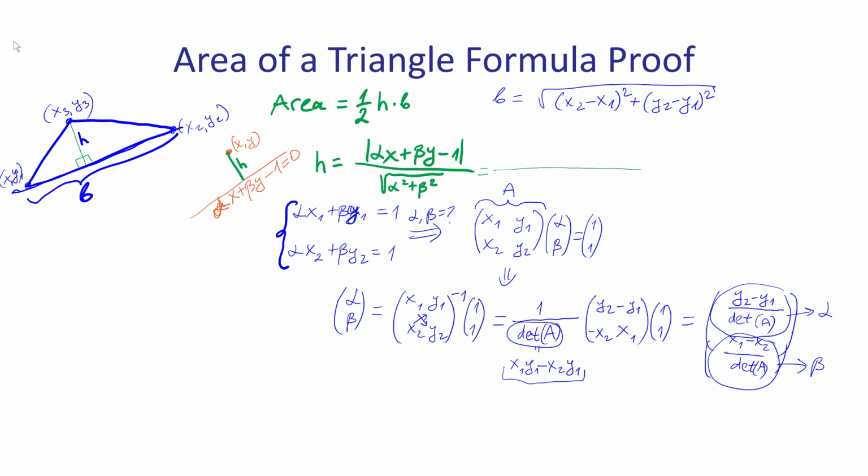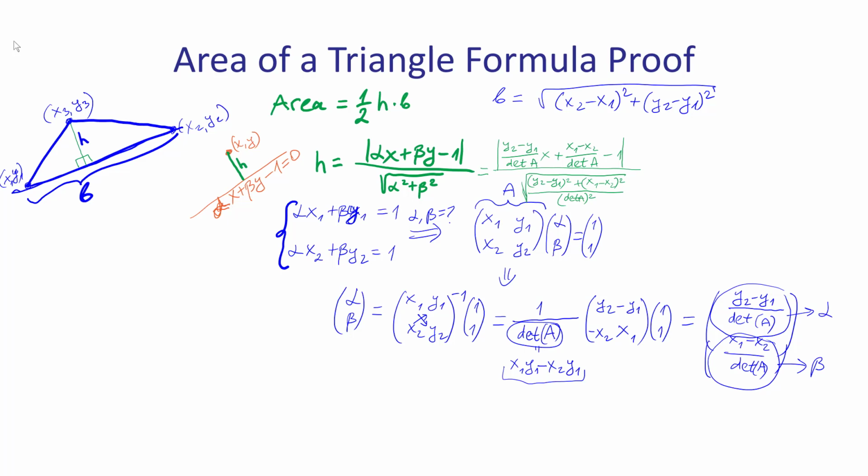First of all, alpha x will be y2 minus y1 divided by det A multiplied by x, plus beta, which is x1 minus x2 divided by determinant of A, minus 1, and the bottom part will be the square root of y2 minus y1 squared plus x1 minus x2 squared, all of that divided by determinant A squared.